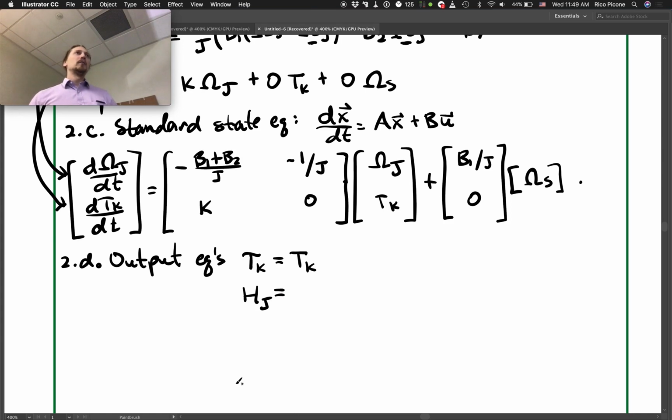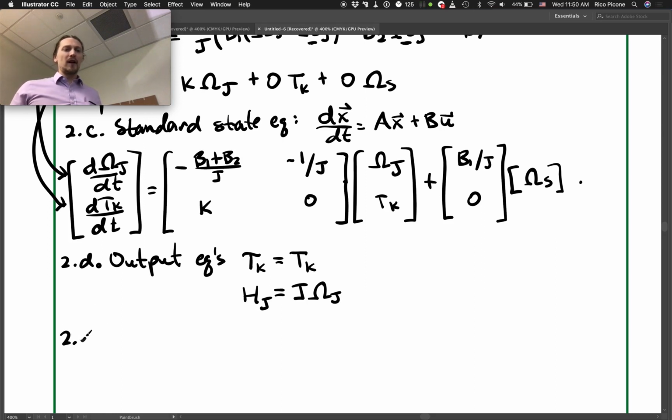HJ, the angular momentum of the flywheel, is by definition J times omega J, right? Omega J is a state variable, so that one's done too. We have it in terms of state variables.